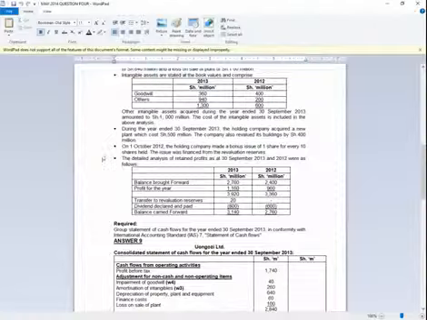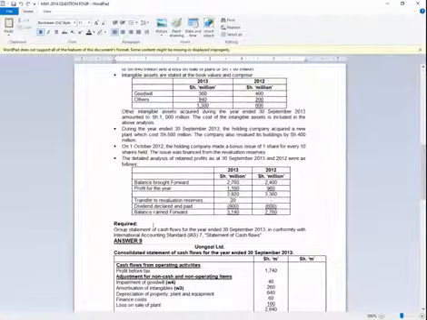Note 3 or 4, the detailed analysis of retained profits as at this year and that year, were as follows. So they want me to give them the group statement of cash flows for the year ended 30th September 2013 in conformity with International Accounting Standard IAS 7, statement of cash flows.